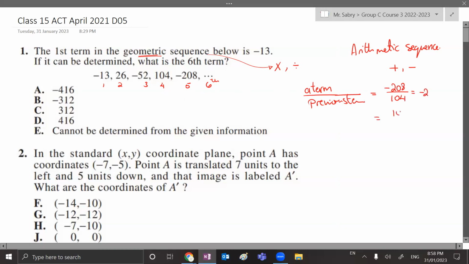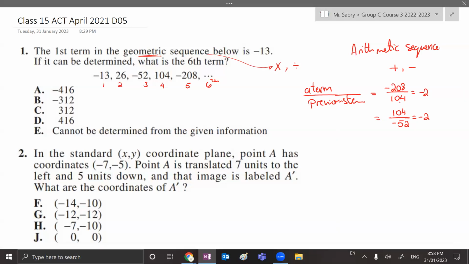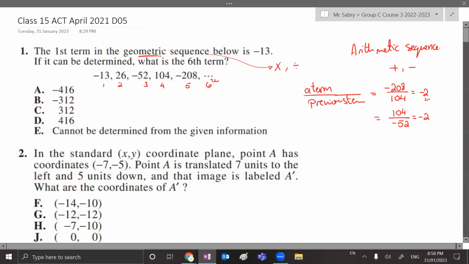Or someone else would pick 104 and divide it by the negative 52, and it would still give you negative 2. So if you pick any two terms and divide them by each other, but make sure that the second, أو يعني لو أخذت الترم الأول divide it by the older term اللي فوق هو الجديد مش القديم, you'll get the ratio that we're multiplying by.